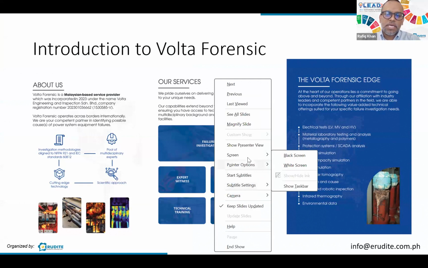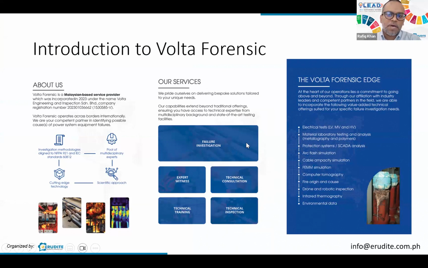Power failure investigations meaning we do electrical investigations for various type of customers, stakeholders, mainly for court cases, for example, insurance, warranty claims, continuous improvement of systems, accidents, loss of life, what have you. I also carry out expert witness roles, technical consultation, technical training, and inspection. So these are areas that are mostly related to power failure investigations or electrical failure investigations.